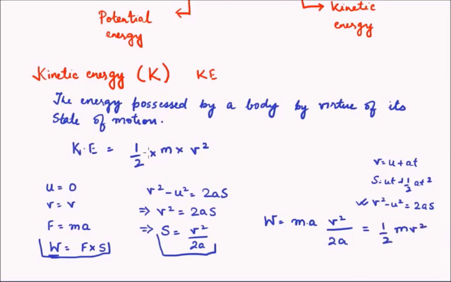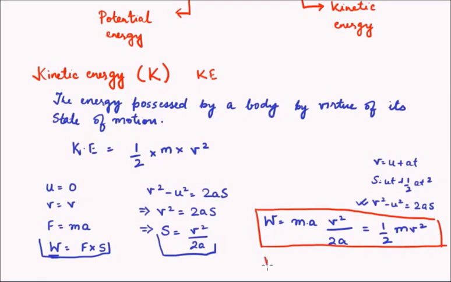So half m v squared is the amount of work that we need to do to increase the speed from 0 to v. Therefore, this work W is also equal to the kinetic energy. Hence, the kinetic energy of the body is half times m into v squared. This is our expression for kinetic energy as I have expressed here.